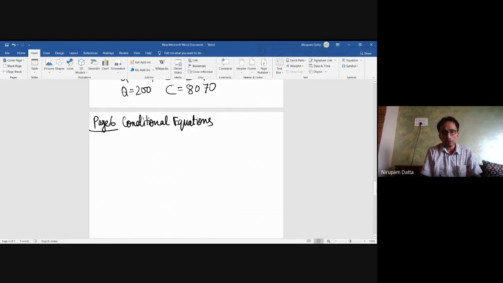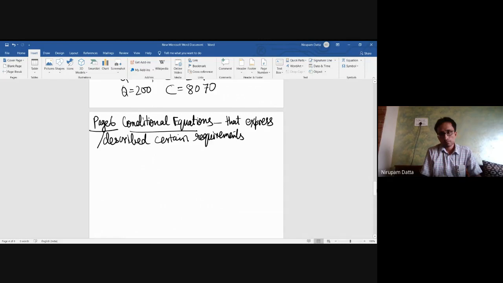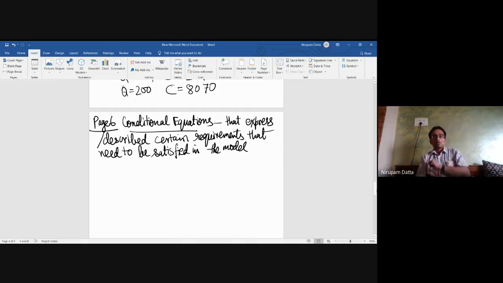Conditional equations are those equations that express or describe certain requirements that need to be satisfied in the model.